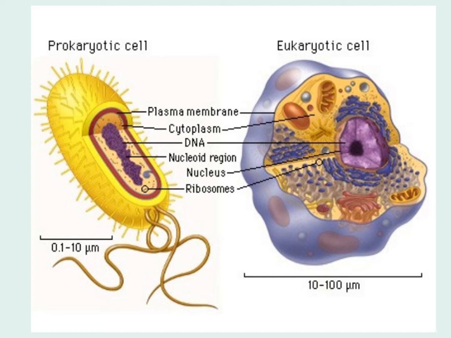Also notice the difference in size. So a eukaryotic cell is about 10 to 100 micrometers. That little weird backwards U symbol is a micrometer. And the prokaryotic cell is between 0.1 and 10 micrometers. But there are many, many different types of prokaryotic cell, so they do range in size quite dramatically.